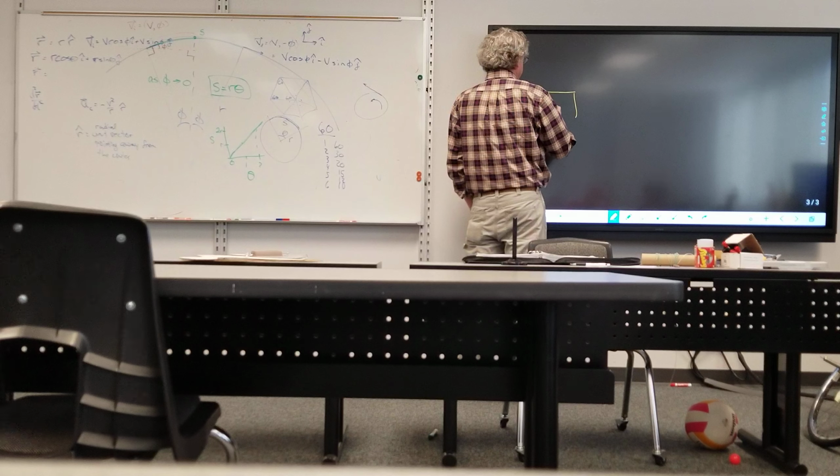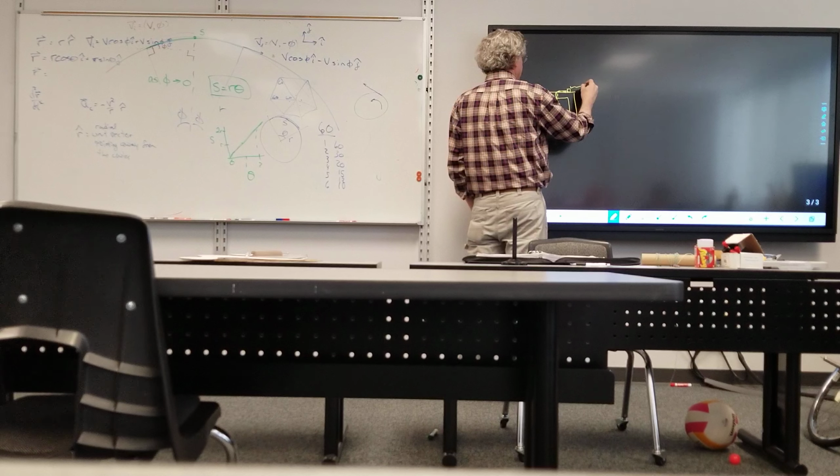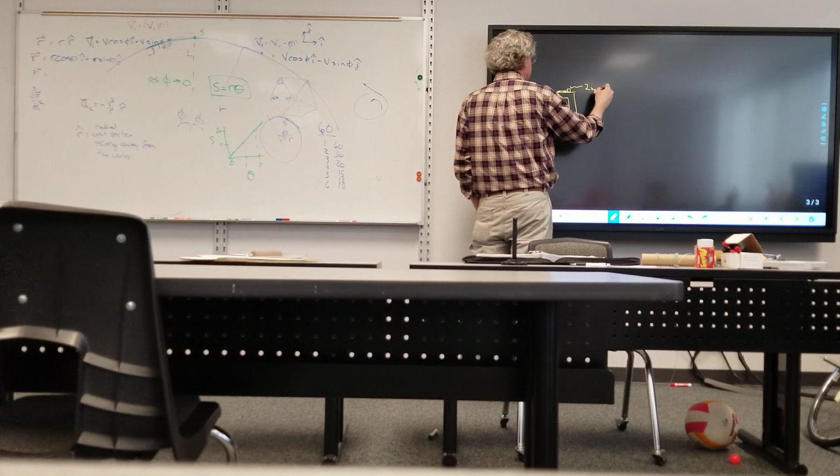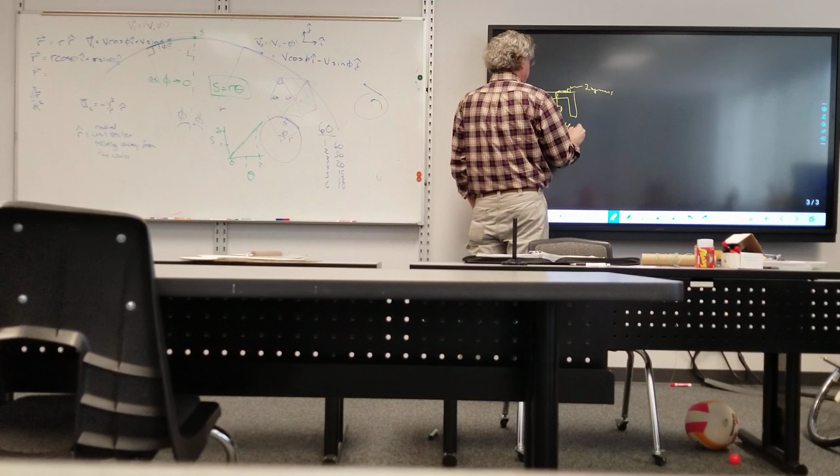Start out with the table problem. I got a table, there's a hole in the middle, I got a mass that is swinging around. So let's make this a 2 kilogram mass. Make this a 4 kilogram mass.